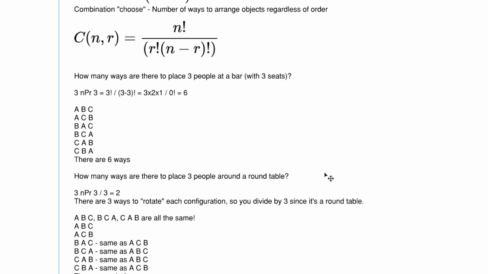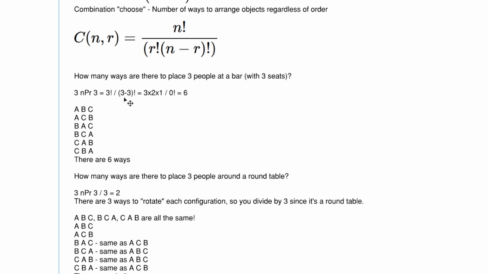How many ways are there to place 3 people at a bar with 3 seats? So the important thing to note here is that a bar is generally straight. And so since each seat is different, now we have an order. We use permutations. So you do 3 NPR 3, and NPR is just shorthand for permutation.